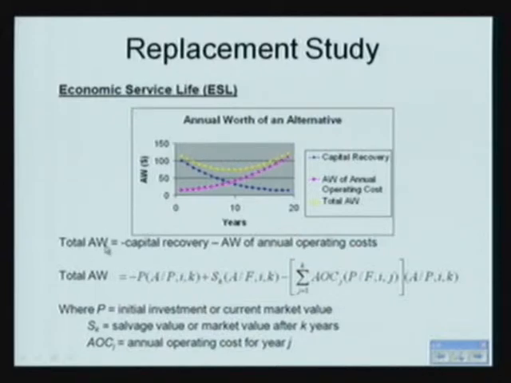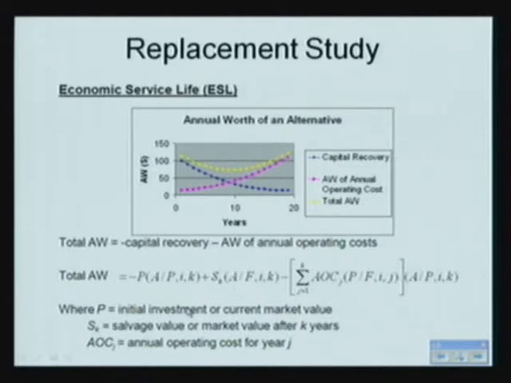The total annual worth is the minus capital recovery minus the annual worth of the annual operating cost. It's really the sum of your costs. So the capital recovery is the first two terms of the equation here, where P is the initial investment, the current market value, and S is the salvage value, so what you can get for it.